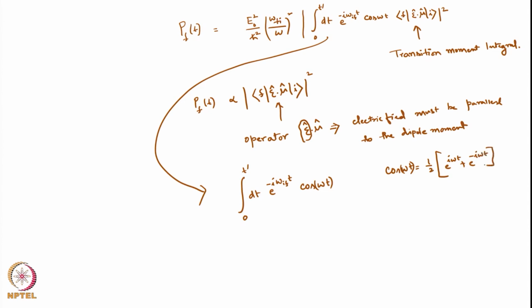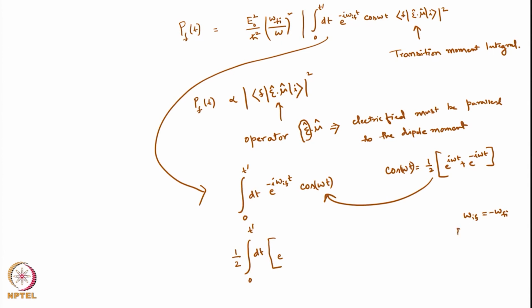If I substitute that in here, then I will get 0 to t prime dt, and I will take the half outside. Now omega if is equal to minus omega fi.